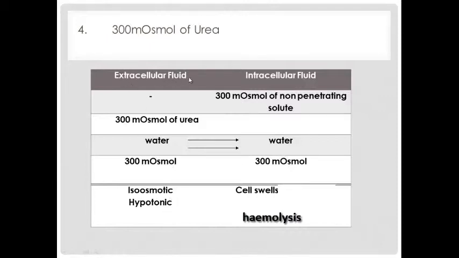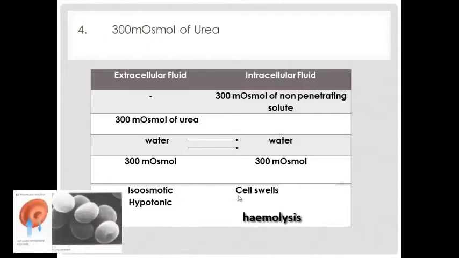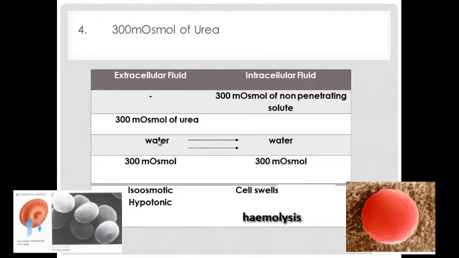But the extracellular fluid does not have non-penetrating solutes, whereas the intracellular fluid has 300 mmol of non-penetrating solute. So the tonicity of the intracellular fluid is higher than the extracellular fluid, so it is hypotonic, and the cell will swell as water from the extracellular fluid moves into the intracellular fluid, and hemolysis will occur, and the solution in test tube 4 will become red.